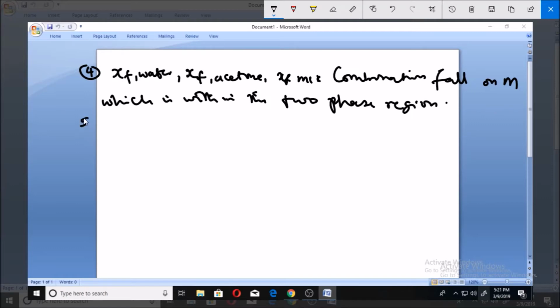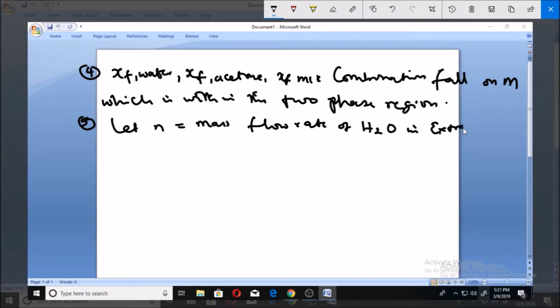After noting this, number 5, we are going to say let N be equal to the mass flow rate of H2O in the extract. But before this, we are supposed to have this diagram, which is actually the number 5.